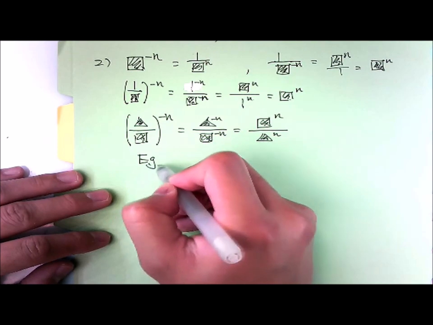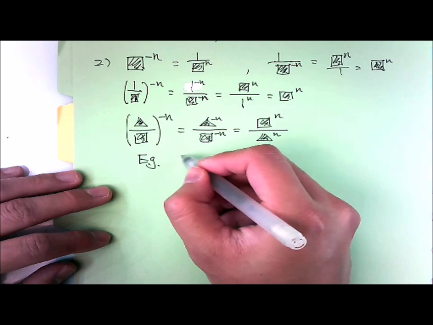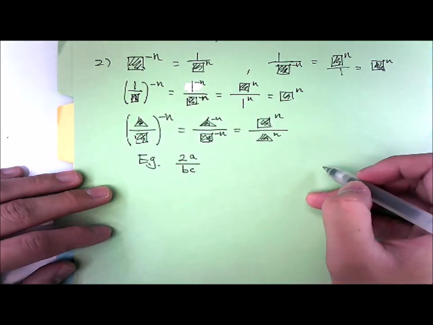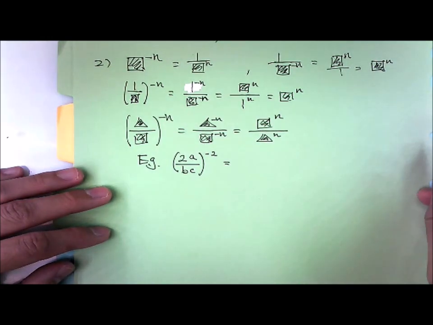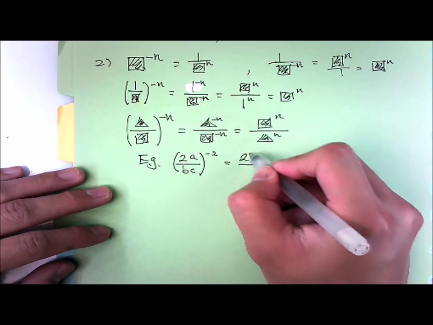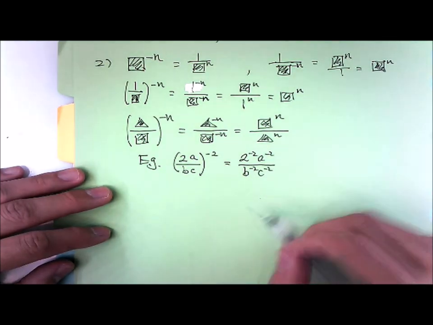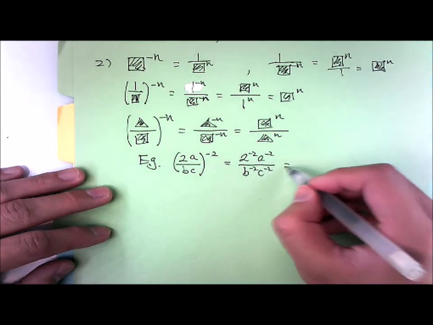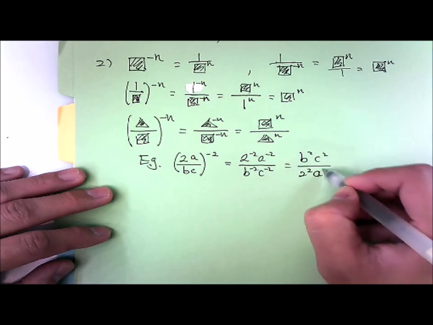Let me give you some examples. For example, we have 2a over bc, something like this, to the negative 2 power. To do this, you can distribute the negative 2 power to each one of them. You have this. All of them are multiplication and division, so you can interchange to make it positive power: 2, 2, and then a to the power 2.